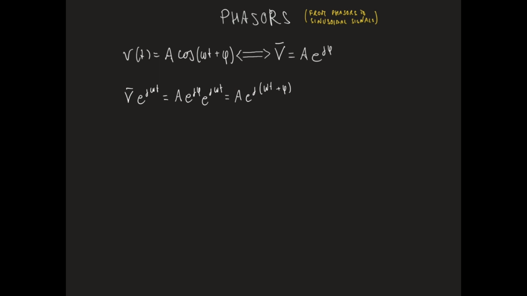By applying Euler's formula, we eventually get A times the cosine of omega t plus phi, plus j times the sine of omega t plus phi.